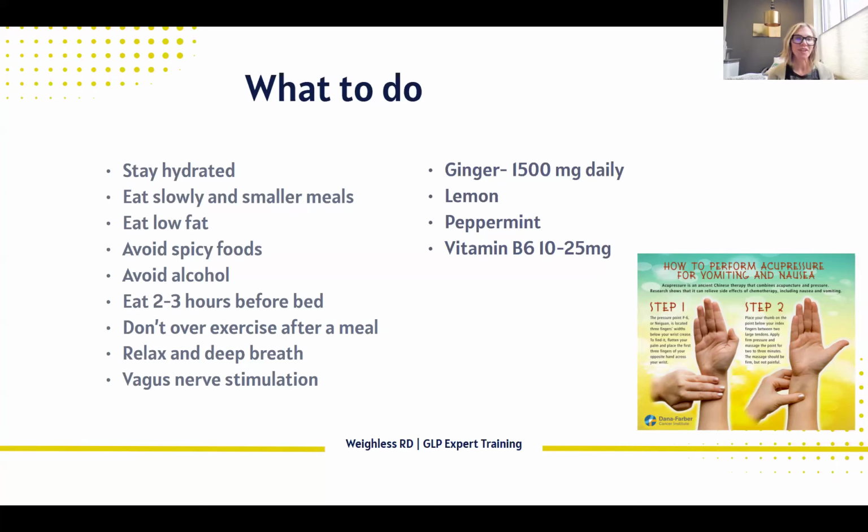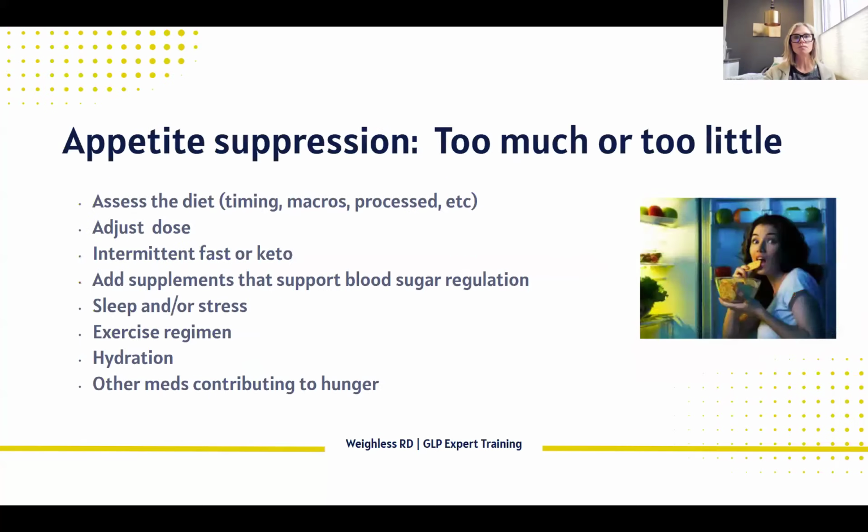There are many different vagus nerve stimulation techniques. And we love our different teas: ginger, lemon, and peppermint ginger can work wonders. And vitamin B6 actually can be really helpful as well.